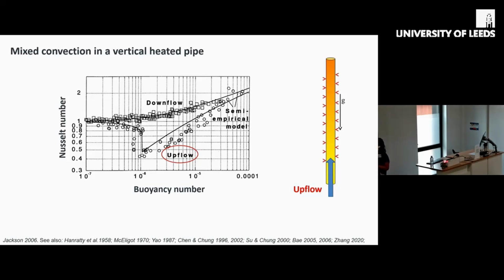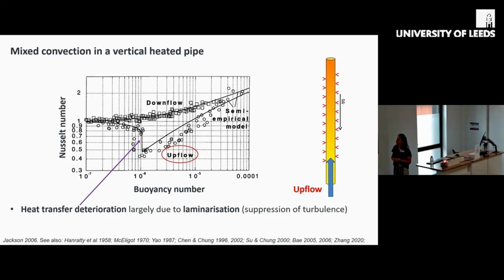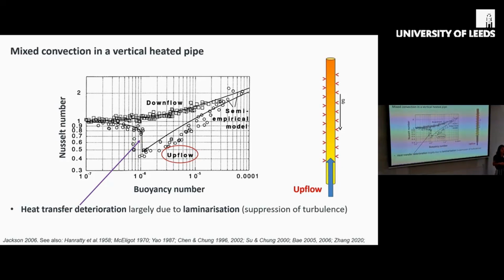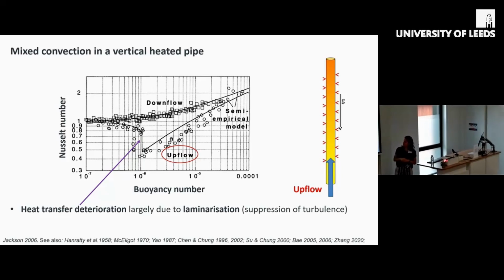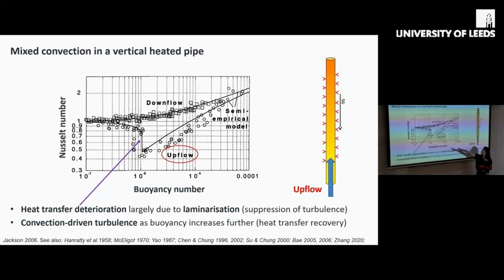So we see here, so this is a Nusselt number normalized by its value in the case of forced convection. So we see that as we increase heating, we have a strong drop here in the Nusselt number. So this is largely due to suppression of turbulence or laminarisation. And then as we further increase buoyancy, we start to drive convection-driven flow, and we start to recover heat transfer.